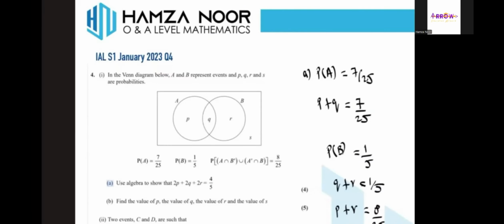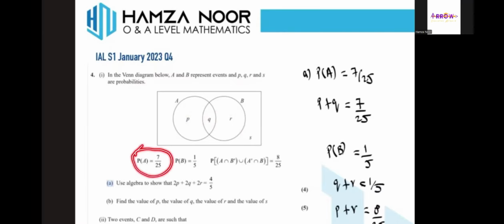Now the next question is January 2023, question number 4, same paper. The question says that in the Venn diagram below, A and B are events and P, Q, R and S are probabilities.